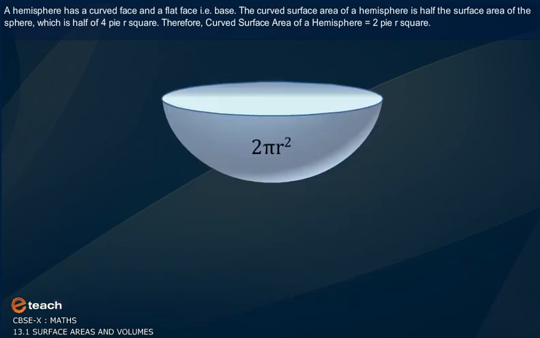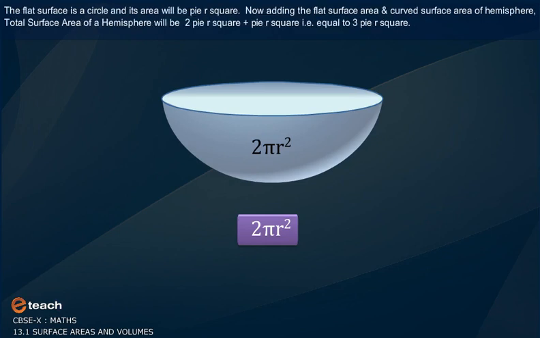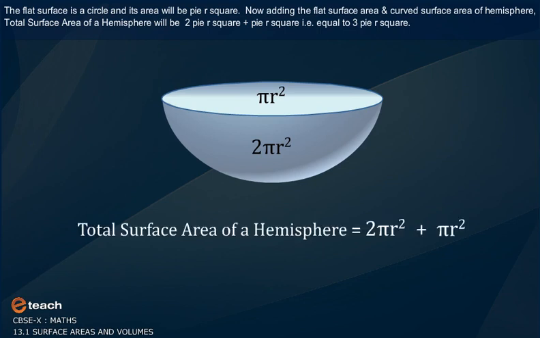Therefore, curved surface area of a hemisphere is equal to 2 pi r square. The flat surface is a circle and its area will be pi r square. Now adding the flat surface area and curved surface area of the hemisphere, total surface area of a hemisphere will be 2 pi r square plus pi r square, that is equal to 3 pi r square.